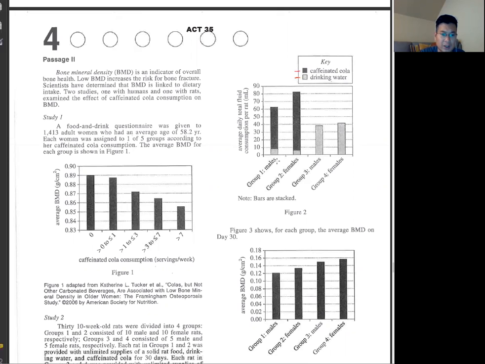Group 1 is male, and the y value says total fluid consumption per rat. The male is drinking about 55, and the female is around 75. So that's group 1 and 2, right?